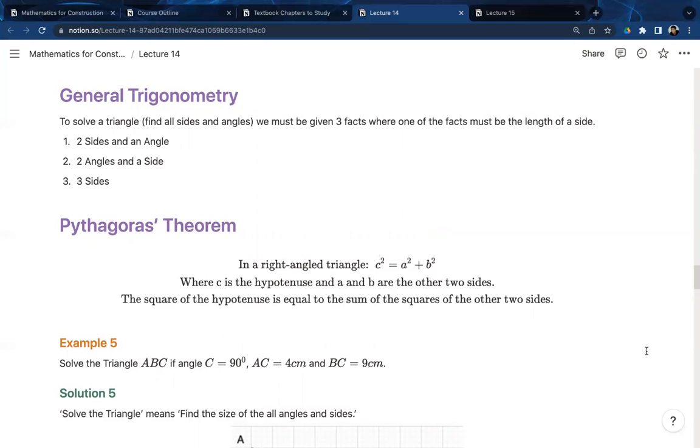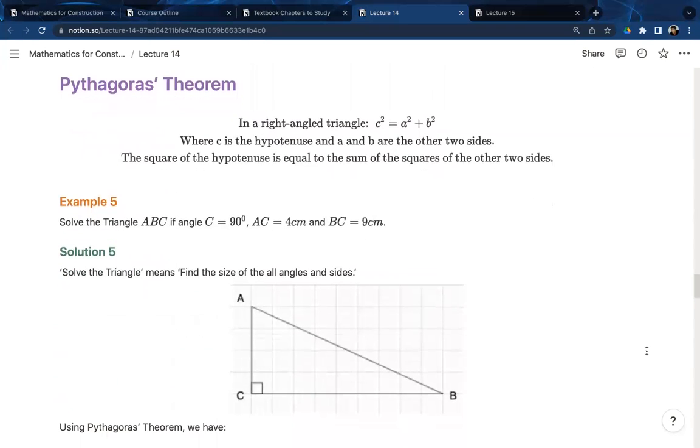So for general trigonometry here, you ought to be given 3 things, and one of those things had better be the length of a side in a triangle. If you're not given the length of any sides in a triangle, you can't figure anything out, right? We talked about Pythagoras' theorem. It's very useful sometimes, right? A lot of the time you don't really need it, but it's good to avoid thinking about angles.